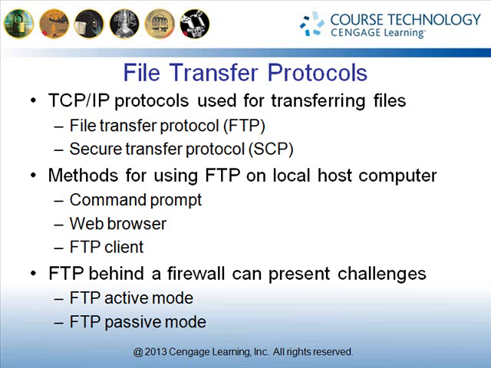A file transfer is requested by the client by sending a command to the server, which then attempts to initiate a data channel connection back to the client on TCP port 20.